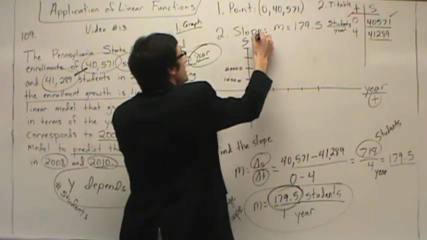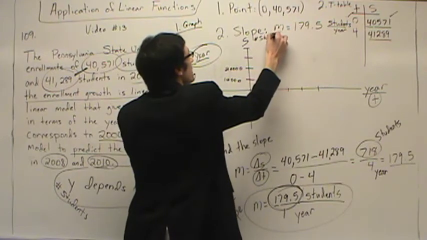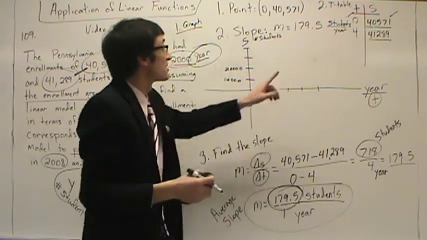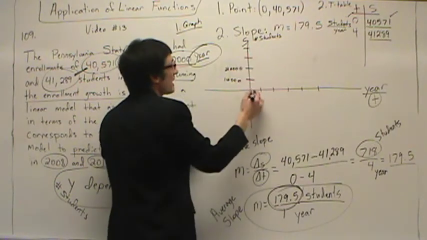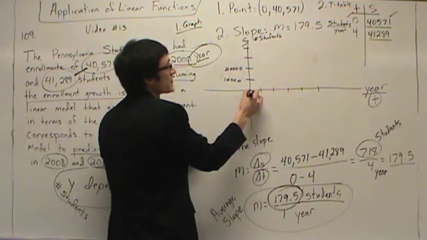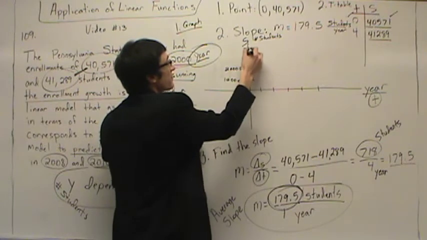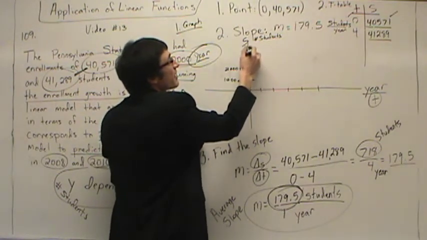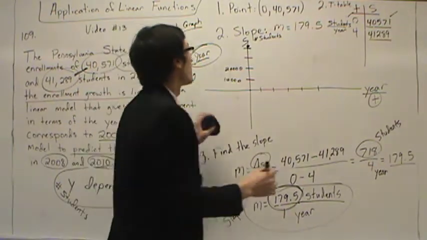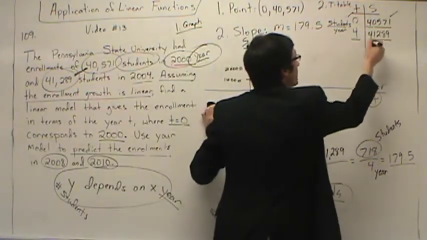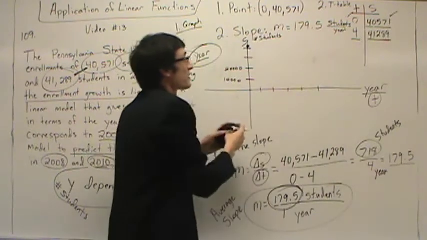This is the number of students. So 0, 40,571 students: we are slightly above 40,000, 0 units to the right, 10,000, 20,000, 30,000, 40,000, and we are just above 40,000. Now, we also graph the point at year 4, 41,289.